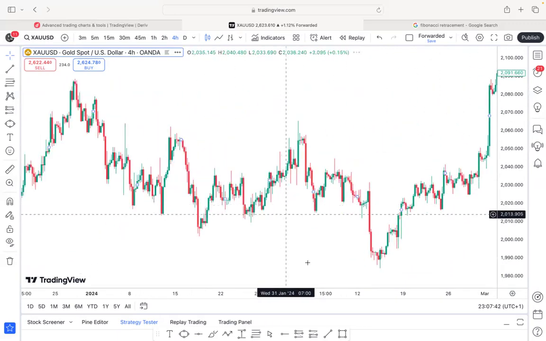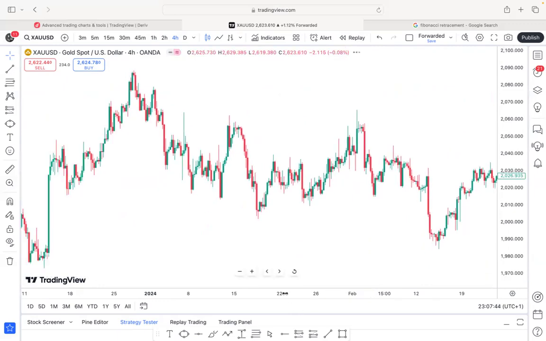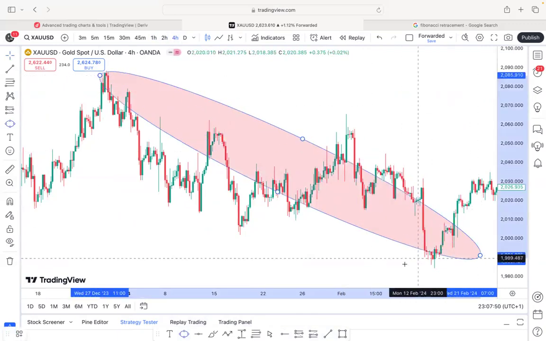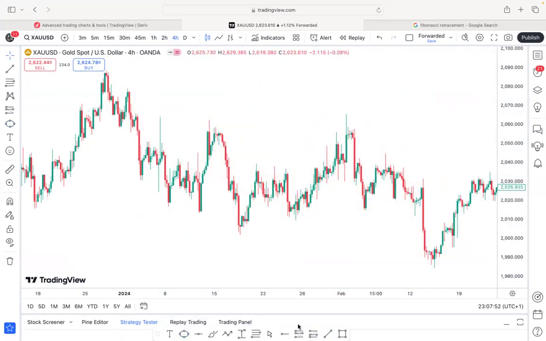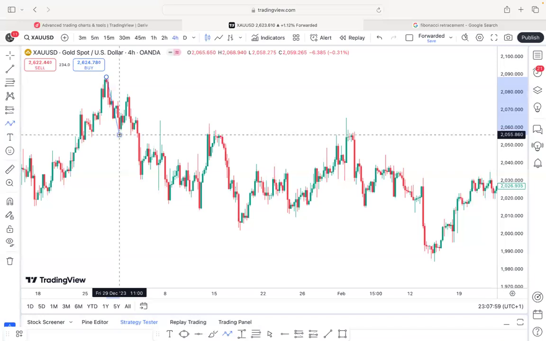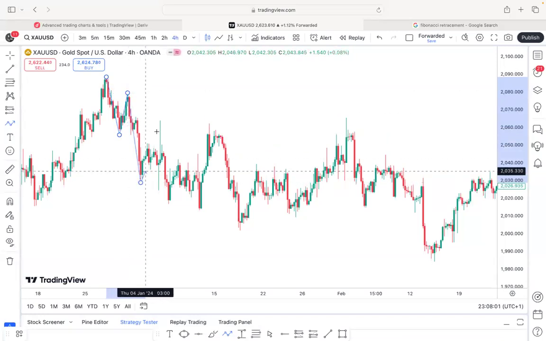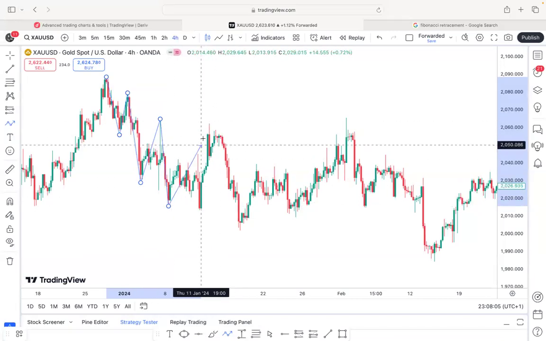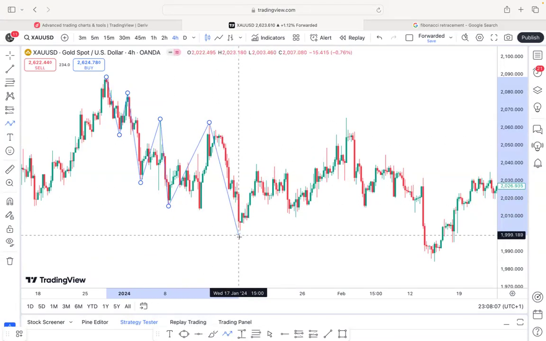Good. This is a downtrend, right? Now, from this high right here to this low, price was selling, right? So now price created a high, a low, lower high, lower low, lower high, lower low, equal highs, and like that.